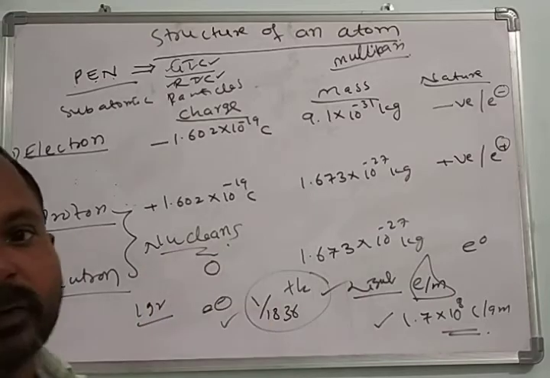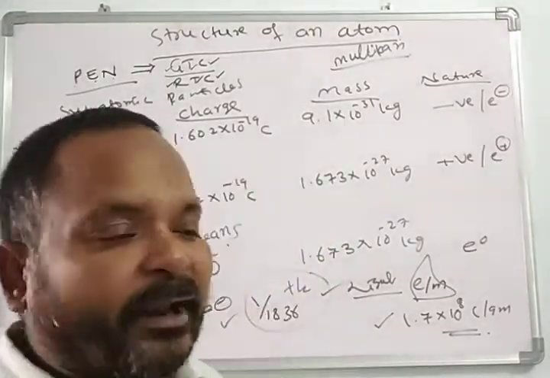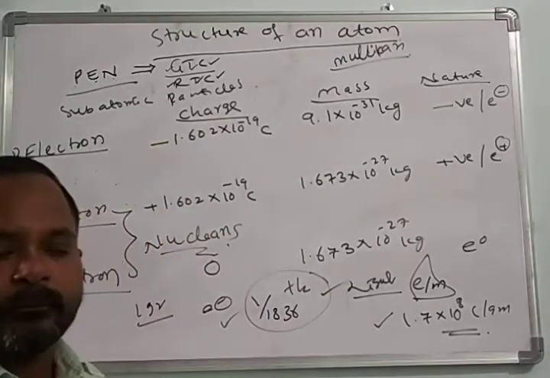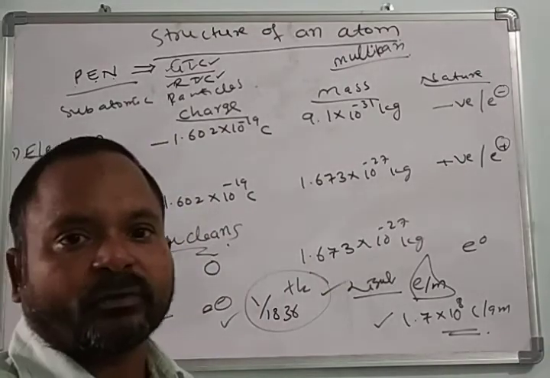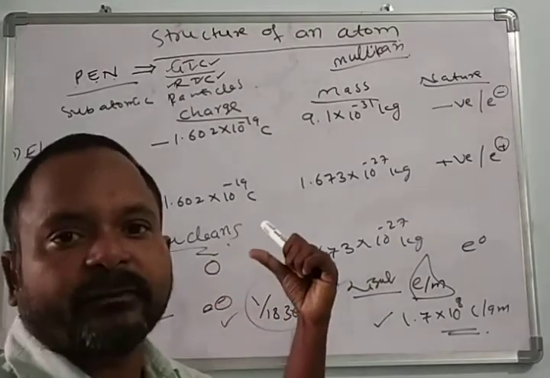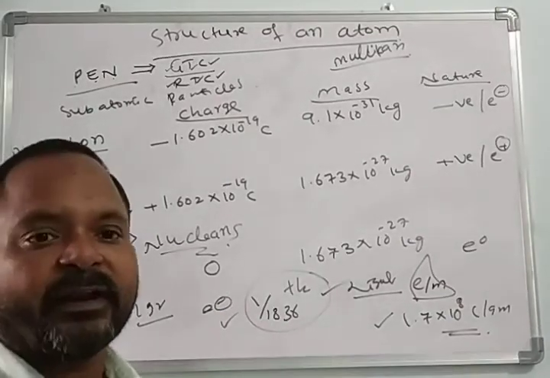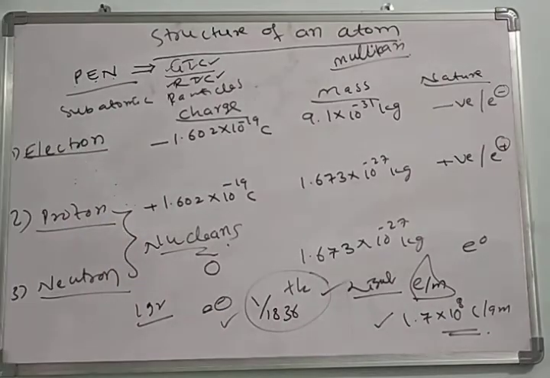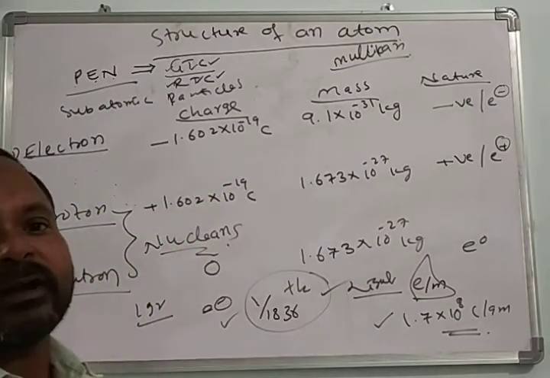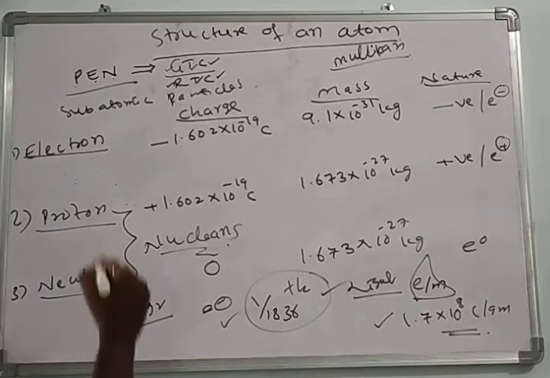The discovery of proton was explained using the Rutherford gold foil experiment, explained by Goldstein. Electron and proton were both discovered using electric discharge tubes.